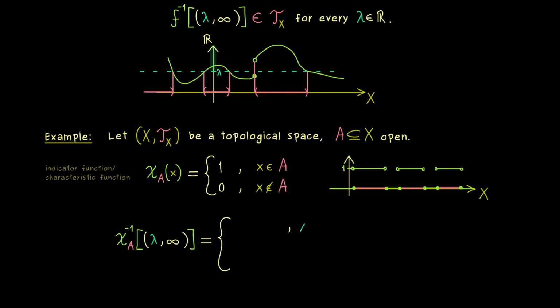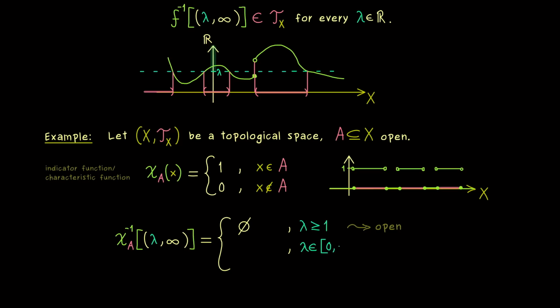So for the first case here, we could take lambda greater or equal than 1. Then no point at all is sent to this interval, so the pre-image has to be empty. And now most importantly, the empty set is definitely an open set. So for all these lambda values, our condition is satisfied. And then in the next case, let's take a lambda between 0 and 1.